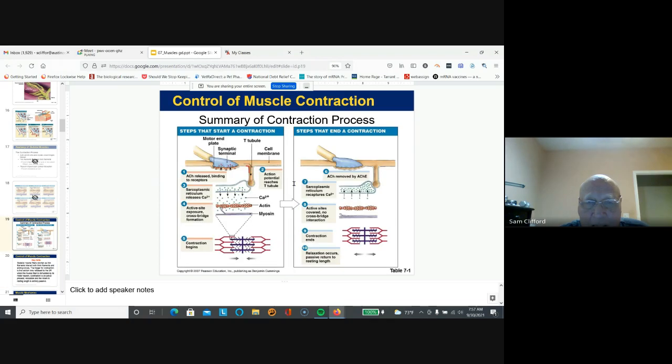Let's go through this again. So the nerve has a synaptic terminal. It's just above the gap, which is a synapse. And just below that is the motor end plate, where there are acetylcholine channels that open when acetylcholine binds.